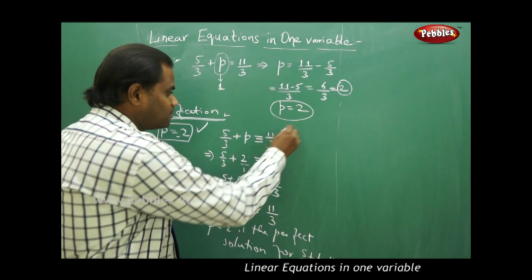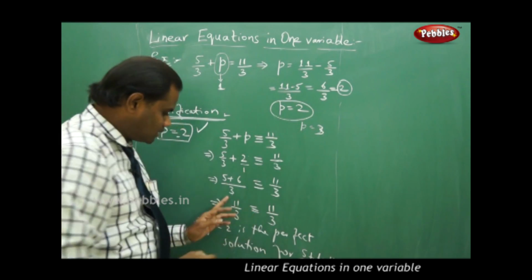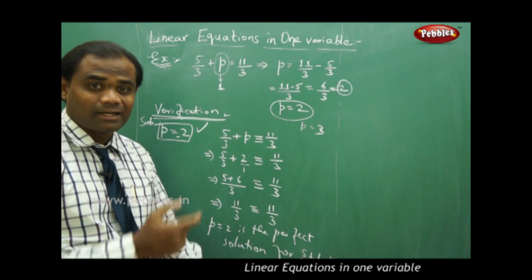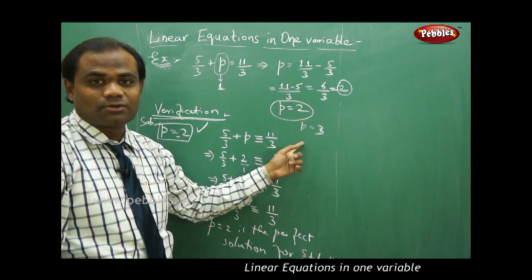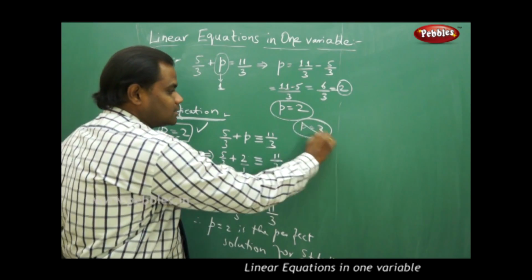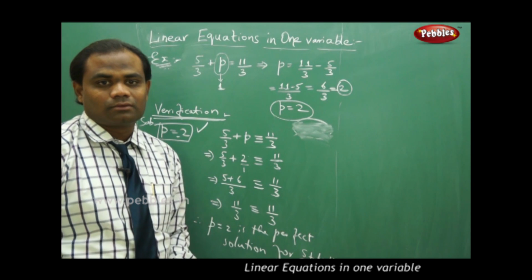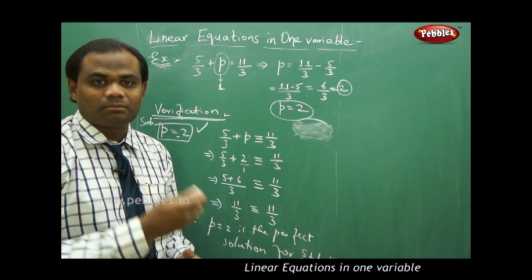Now imagine I got p is equal to 3 by default in solving. Then when I substitute here, I find that both sides are not equal. Then I understand that somewhere my process is wrong, and I reconsider to find out where I have done the problem wrong. Then I can rectify the mistake and do the problem correctly.